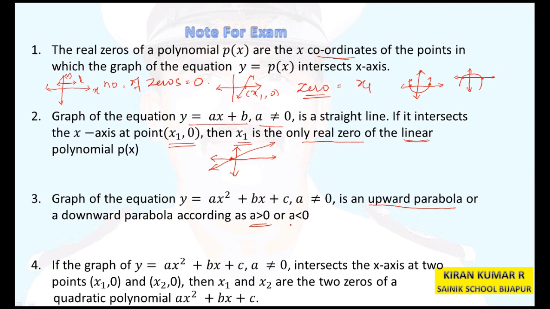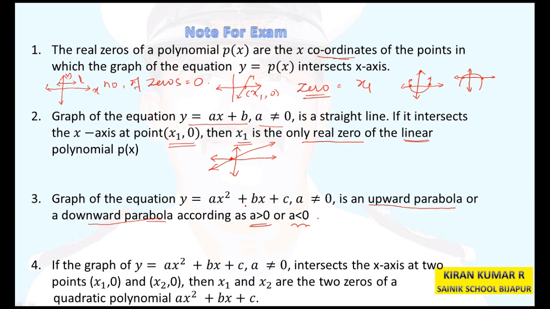If a is less than 0, it becomes a downward parabola. One of the students had asked how to plot the quadratic polynomial. You have to consider different values of x and y and plot those points, and you have to draw a smooth line passing through maximum number of points.